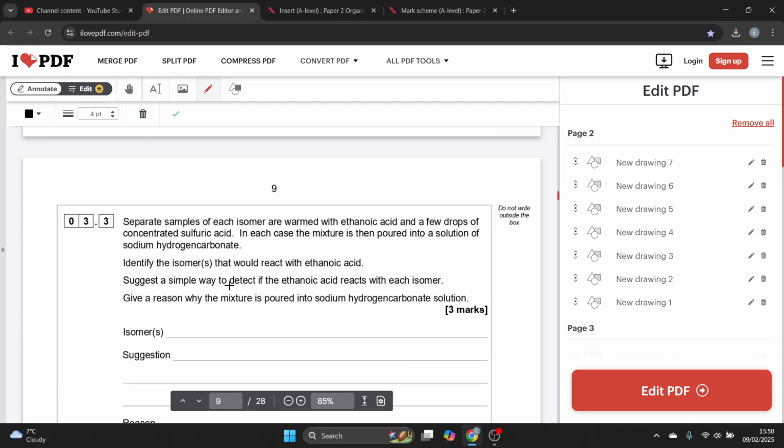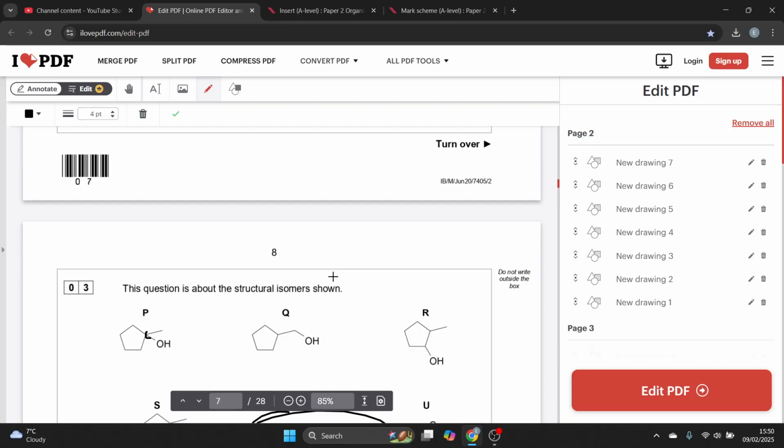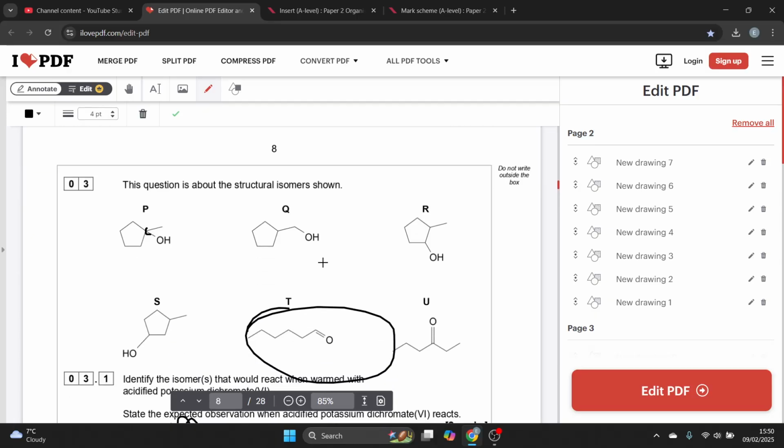Then it says identify the isomer that would react with ethanoic acid. Ethanoic acid, what is that? That's a carboxylic acid. So which one will react with the carboxylic acid? It's going to be the alcohols. Definitely not the aldehyde or ketone.